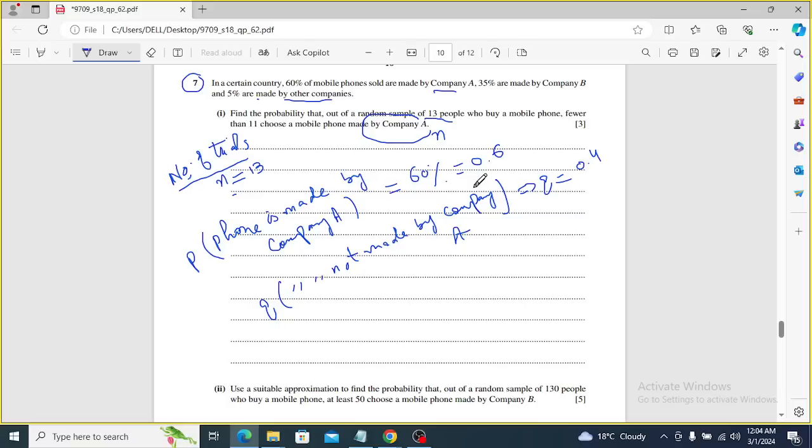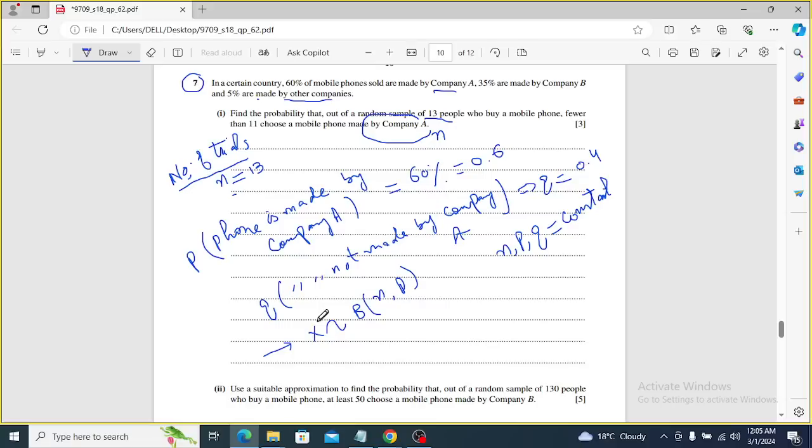So you can say here x is distributed binomially, where here you can write your n and p. This is a standard way to tell the examiner that this x, the data, is being distributed binomially.